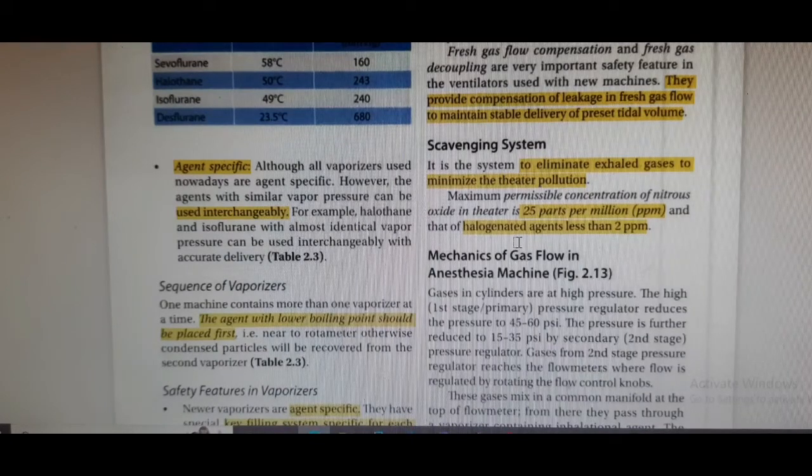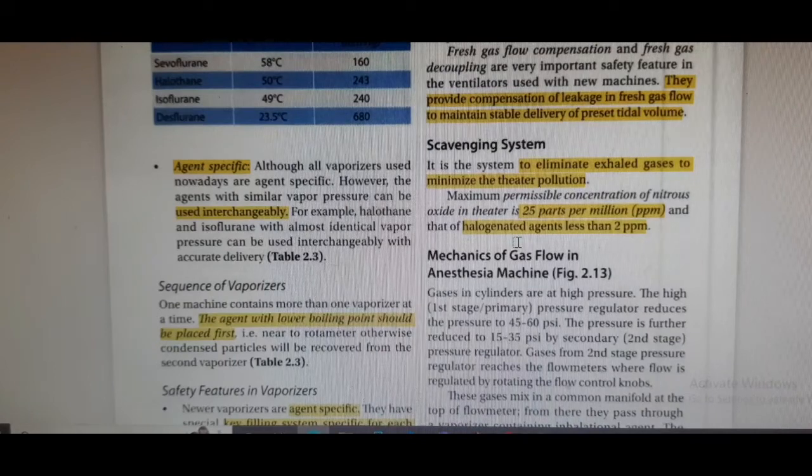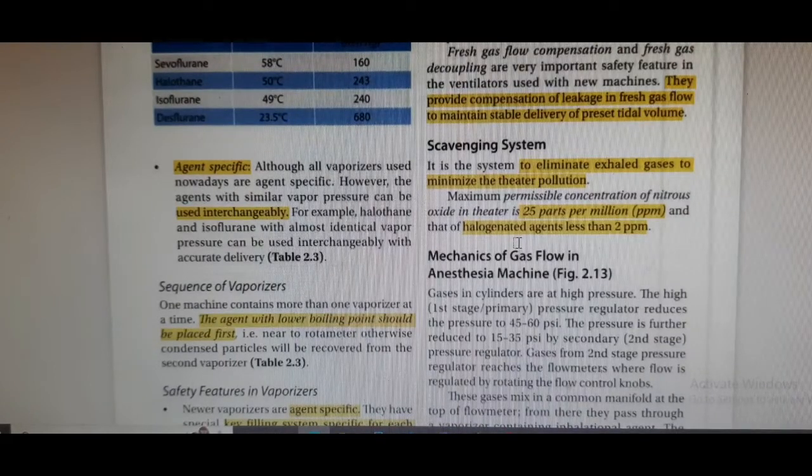These are the different gases produced while the patient is under anesthesia.